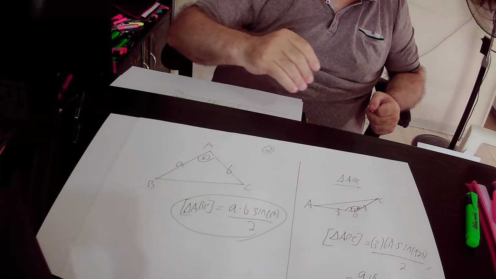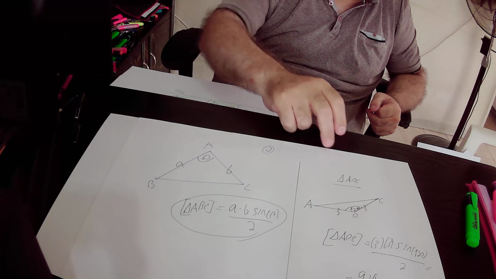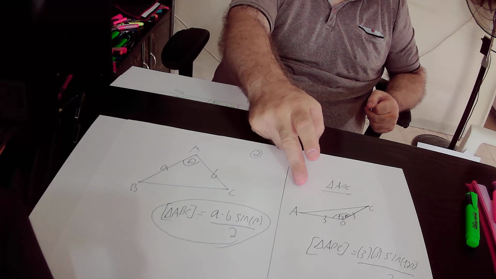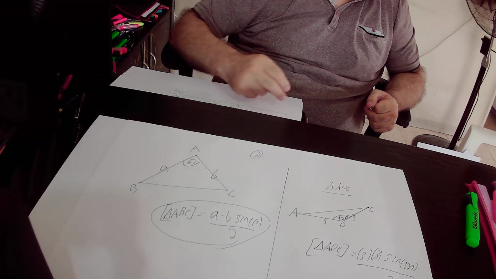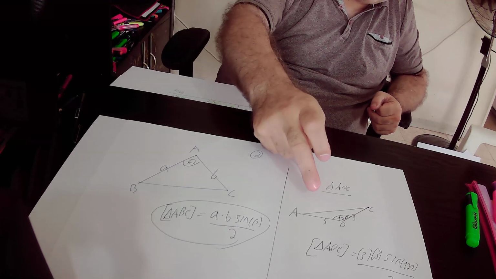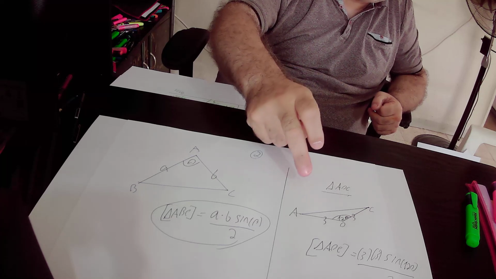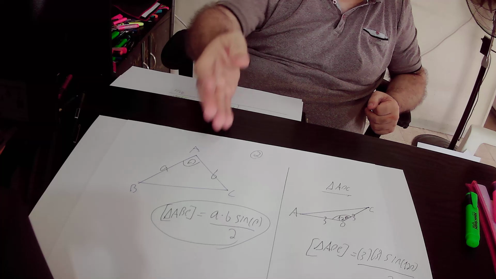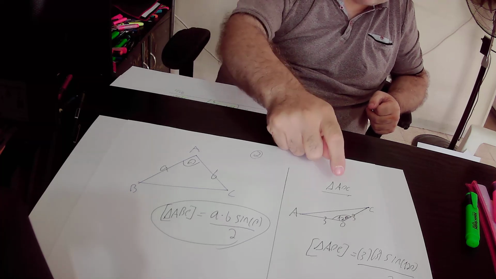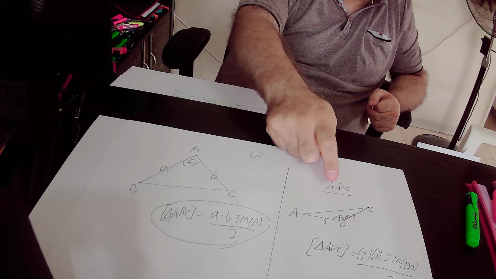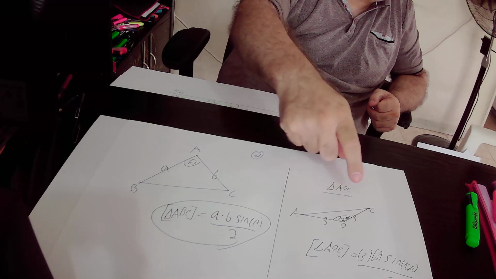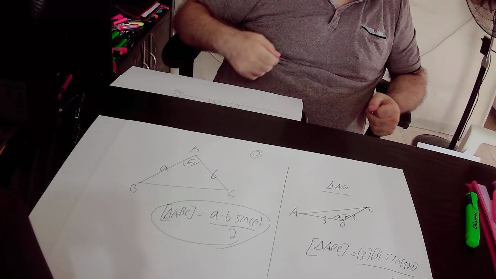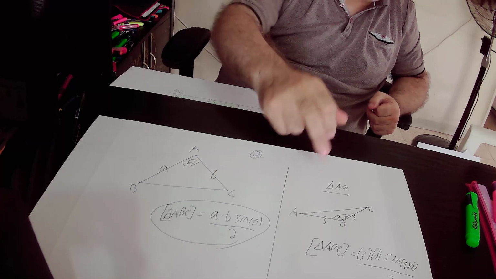We implemented the new formula in order to find out the area of triangle AOC. This is triangle AOC, and I copied it from the original drawing. AO equals OC equals 3 units. Angle AOC equals 120 degrees. So according to the new formula, the area of this triangle AOC will be equal to 3 times 3 times sine 120 degrees over 2. 3 times 3 is 9.